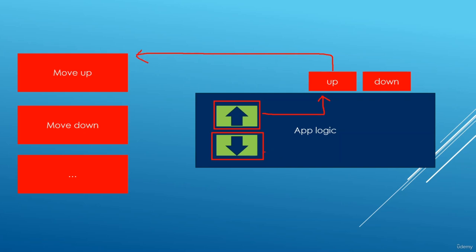We can also wire up our logic so that whenever somebody clicks on the down button, we can call the function handle that is connected to our move down function. So we can set up something like this, for example, and our code is going to work. When somebody clicks on the up button, this function here is going to be called, and it is going to move the player up. When somebody clicks on the down button, the move down function here is going to be called, and it is going to move our player down.